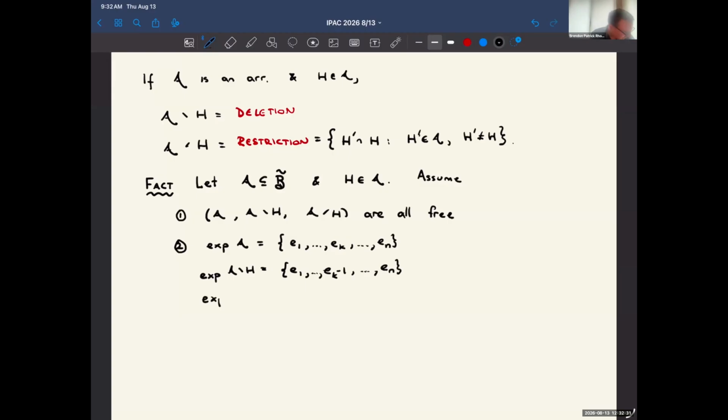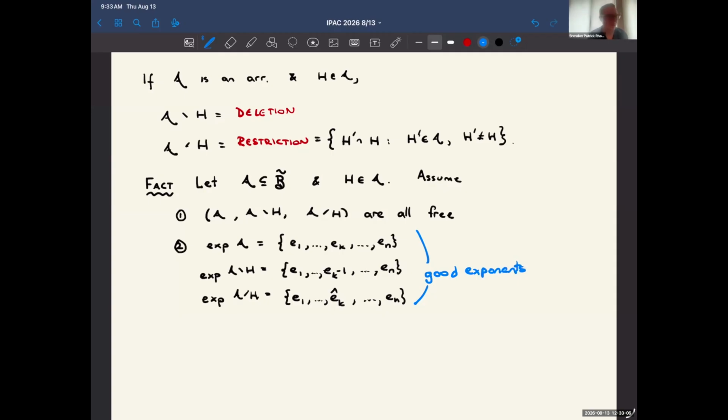And if I write down the exponents of A contracted, I have the same multiset, except now EK, or at least one copy of EK, is deleted altogether. The value of K is uniquely specified if all of these things are true. This is not standard terminology in Orlik-Terao, but I'll call these good exponents. So I have a free triple with good exponents.